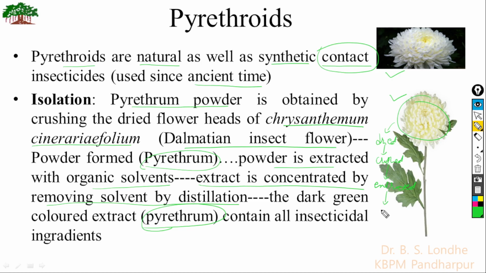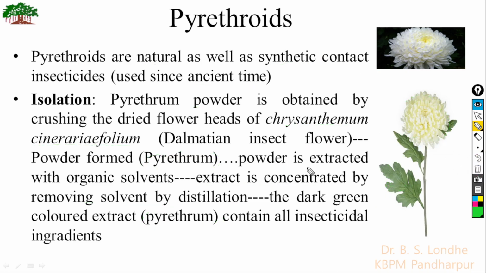Then the concentrated dark green colored extract, after removal of the organic solvents, contains pyrethrum, and it has all the insecticidal properties. This is the process by which the pyrethroids are extracted or obtained naturally.